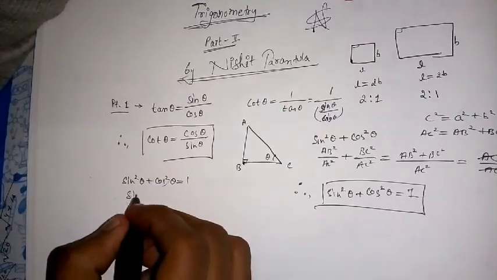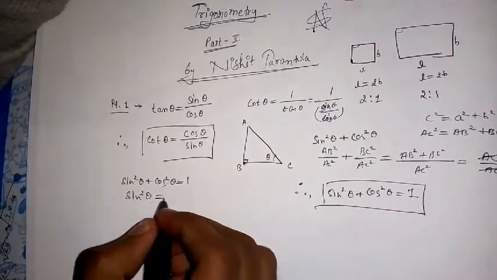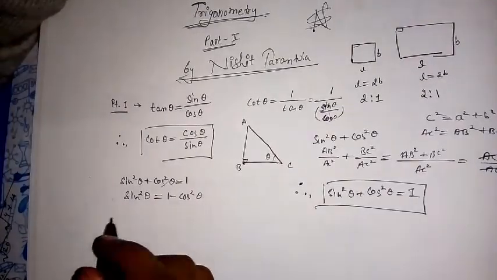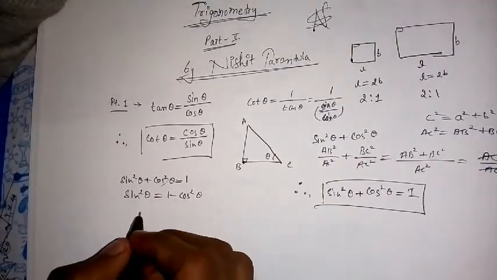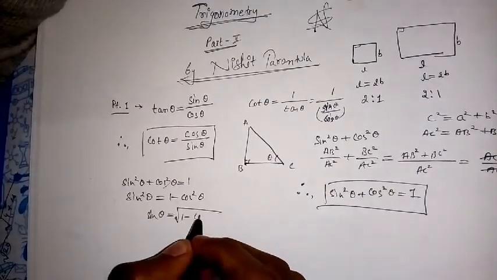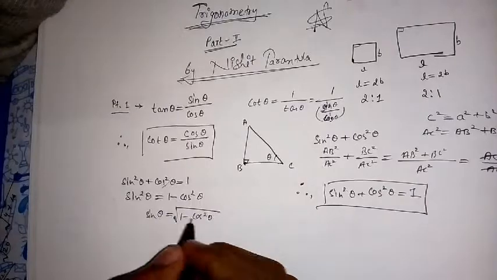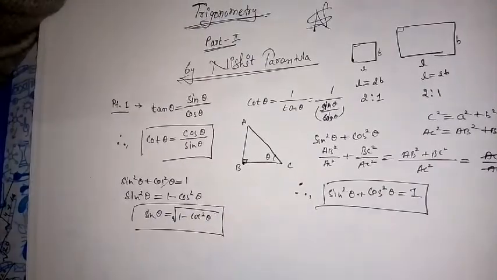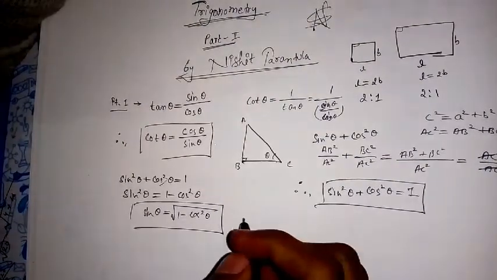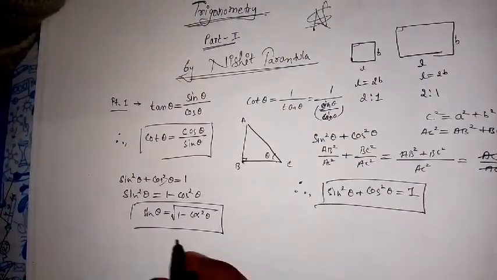So we'll have sine squared theta equals 1 minus cosine squared theta. Now if you want to solve for sine theta, it will be sine theta equals under root 1 minus cosine squared theta. And this is our fourth identity.